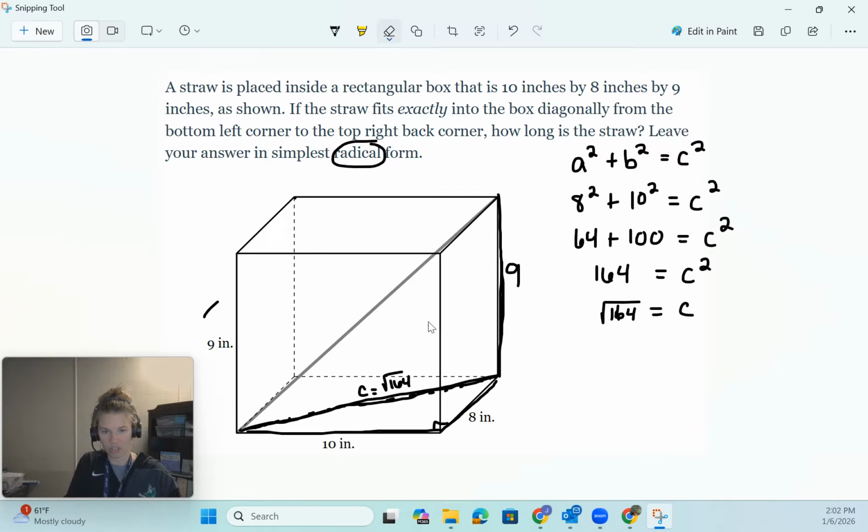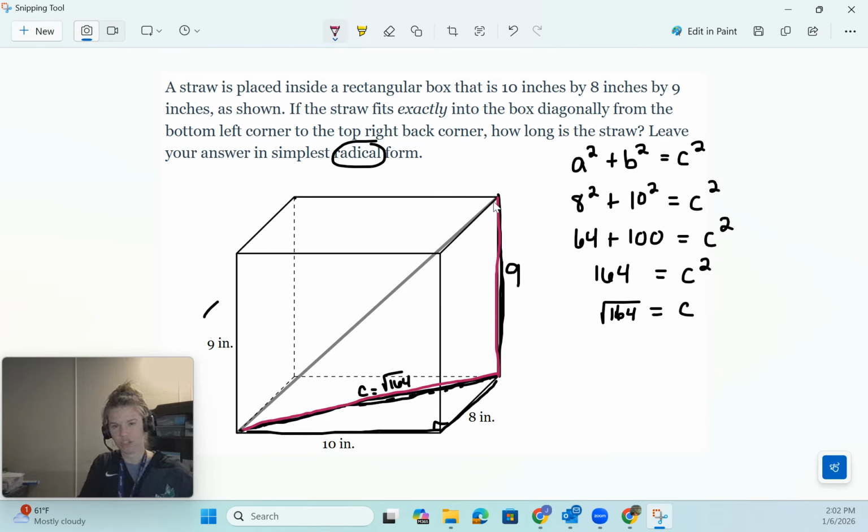I'm going to clean up this figure just a little bit so we've got a few less lines, and I'm going to change my color so I can demonstrate which triangle we're looking at now. We're going to look at that same diagonal, but now in a magenta-y pink color.